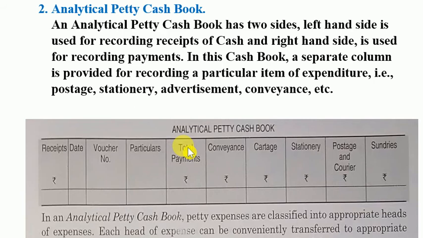And now this is the analytical part, which provides the information of particular expenses.